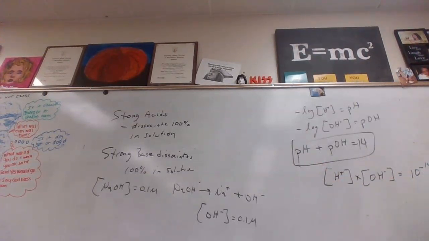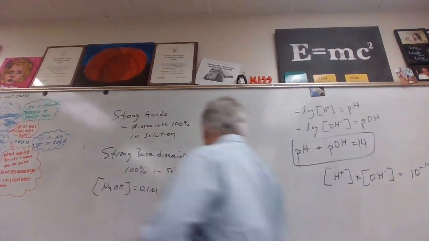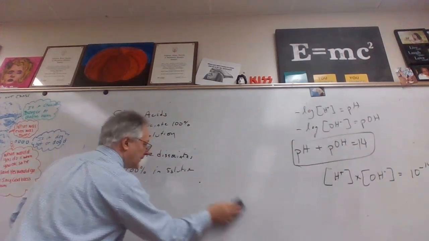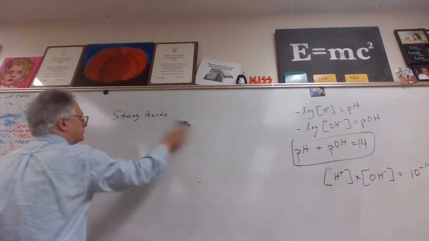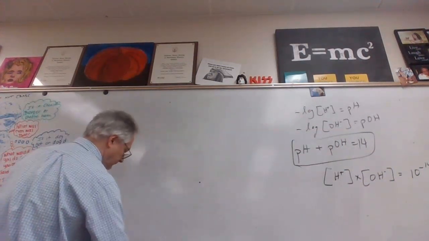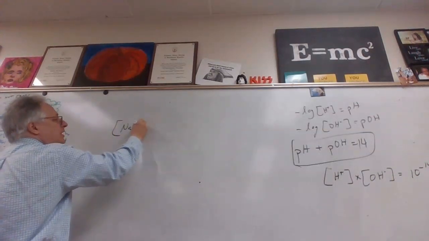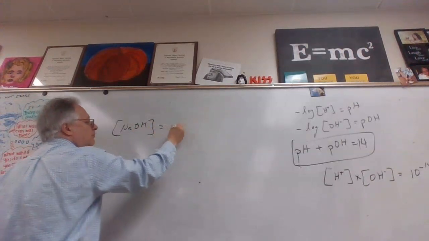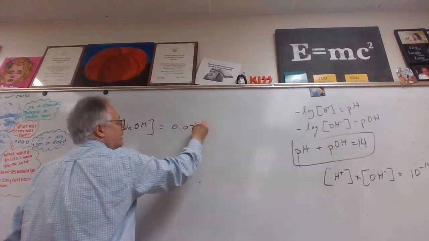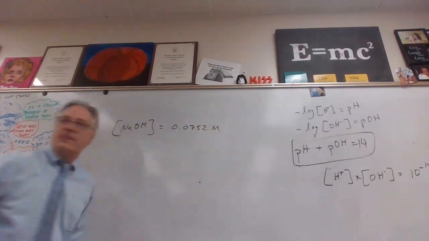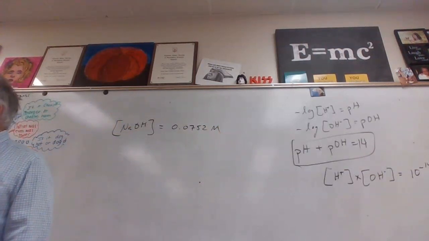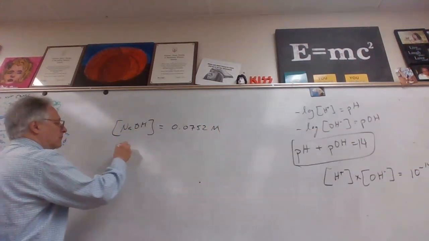All right, let me show you how to get pH of a basic solution. If I'm going too fast, let me know. Let's say the concentration of a sodium hydroxide solution is 0.0752 molar. And I say, well, what's the pH of that?